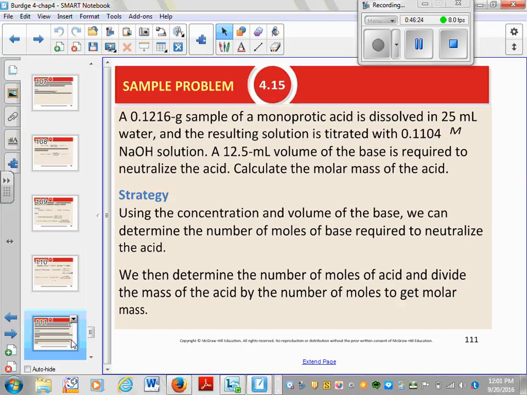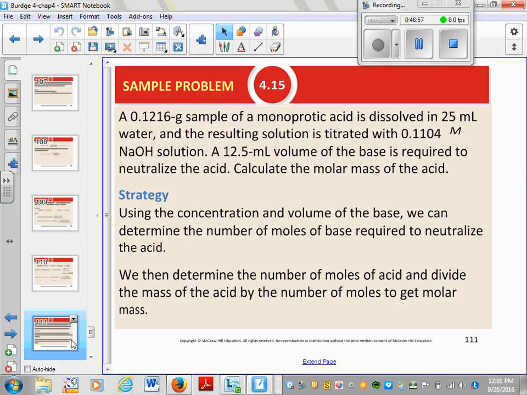which somebody will tell me. Is that right? Is that what you said? 0.00138. So now we have the number of moles. Come back over here. We have the grams. Now we have the number of moles, 0.00138 moles.